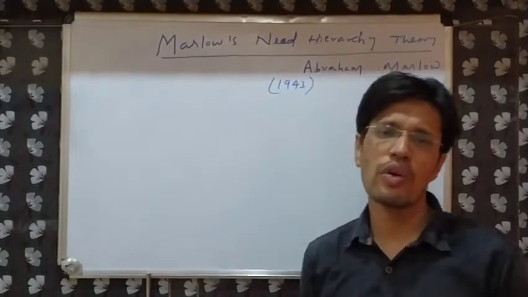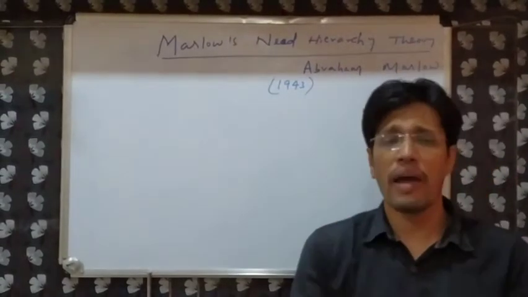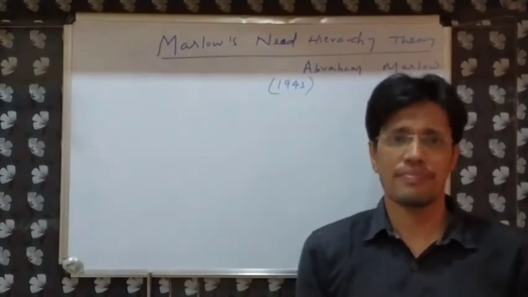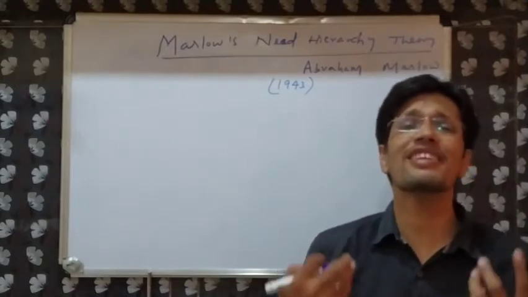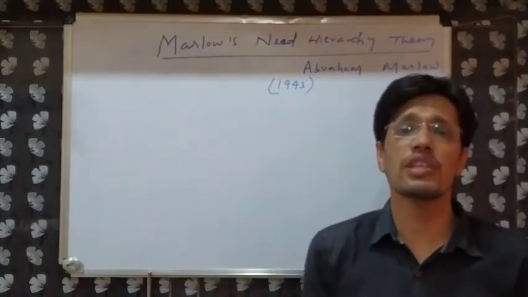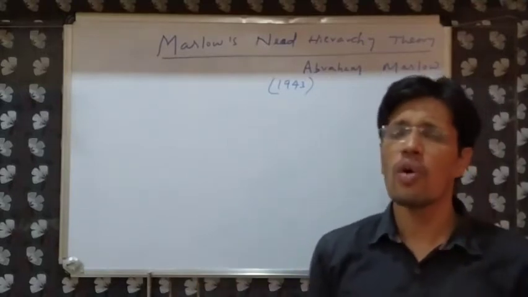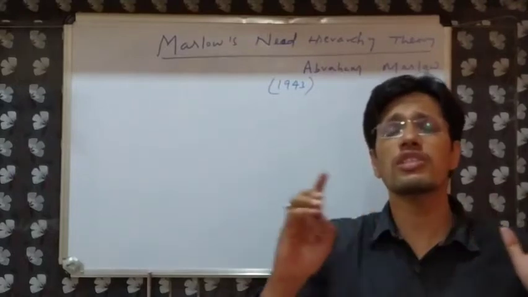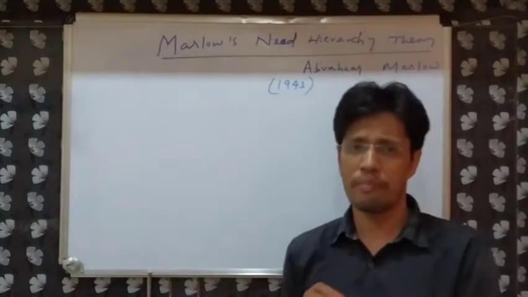Professor Maslow advocated that every individual is inspired and motivated by innate curiosity, an internal curiosity of achieving something. But at the same time, no individual can achieve all such requirements at a time.